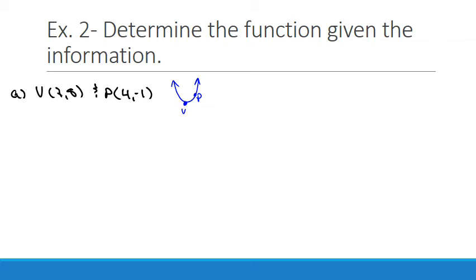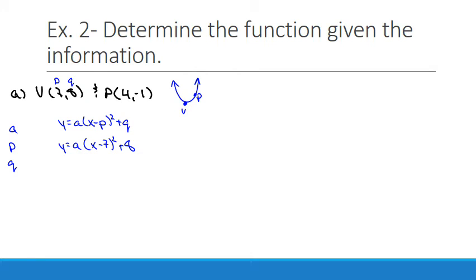Okay, so I want to write this function in vertex form. That's this form. To do that, I'm going to need my a, p, and q values. So I plug in, so this is p, this is q. So y equals a(x minus 7) squared plus 8.